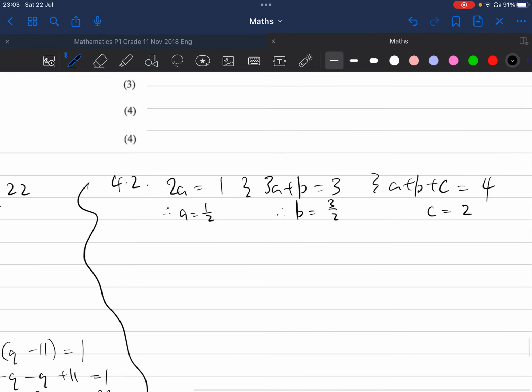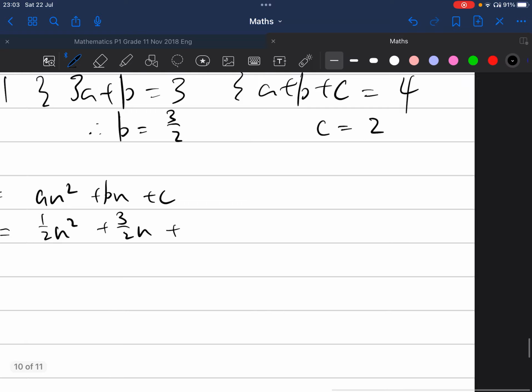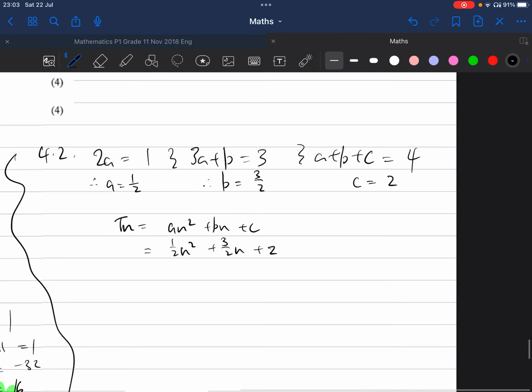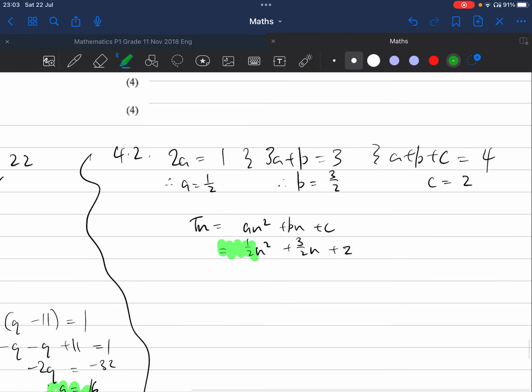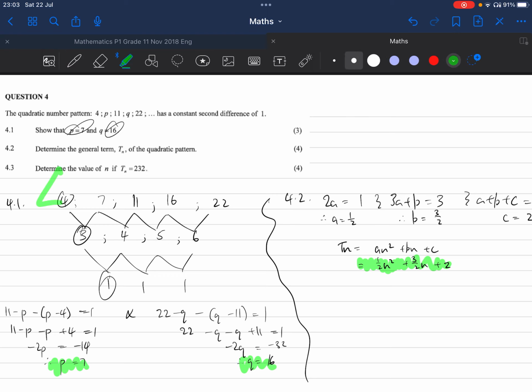Now we can write this. Tn is equal to an squared plus bn plus c, and now I can just sub in the values that I calculated. And again, you should always test the answer that you get. Let's try it with the pattern that we have over here. In my calculator, I'll put 1 over 2 n squared plus 3 over 2 n plus 2, and instead of n, I'll put 1.